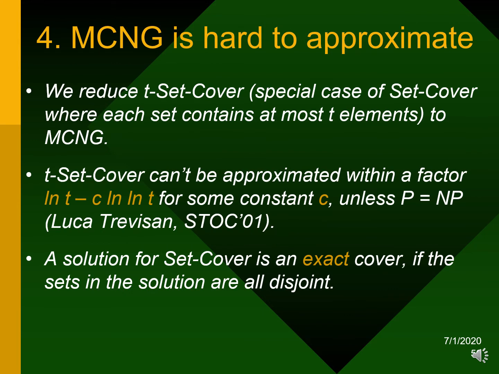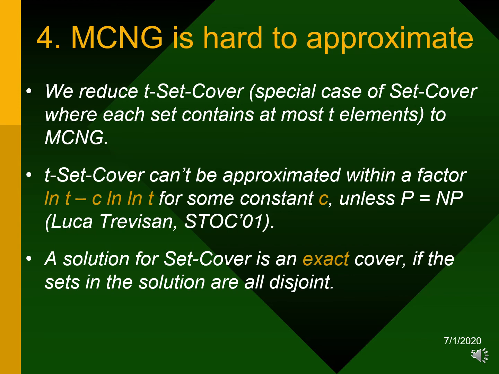I have a couple of slides here showing that MCNG is hard to approximate, but since I'm not going to have enough time, I will just quickly go over the general ideas. In this case, we reduce T-set cover to MCNG.